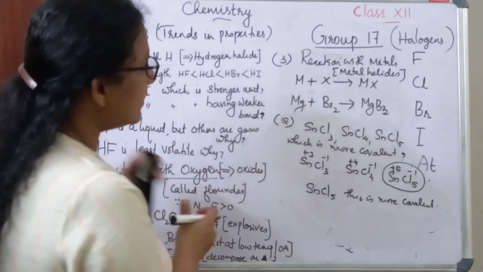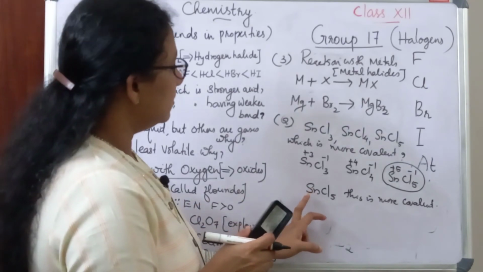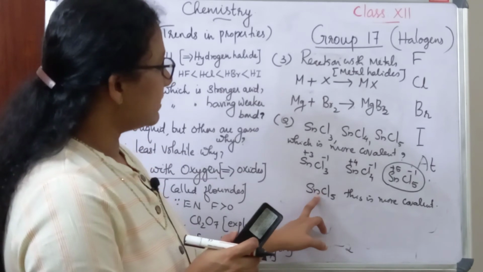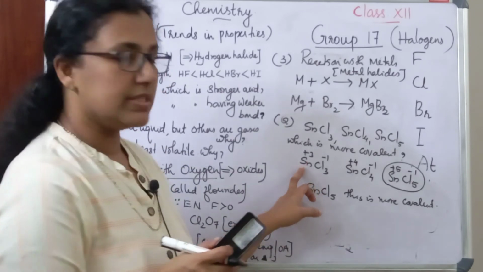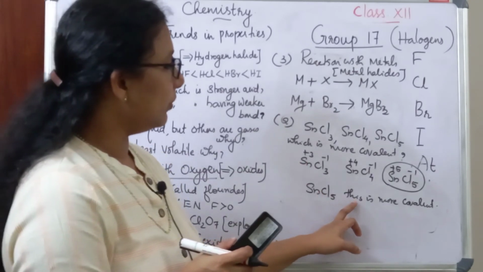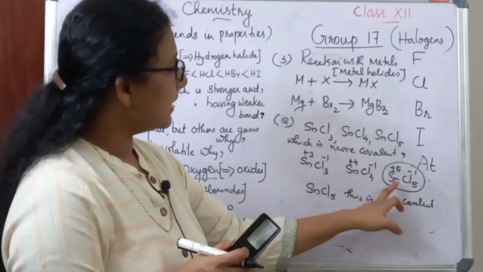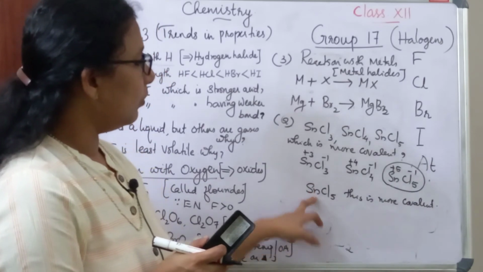According to Fajans' rule, we can explain the reason: the metal having more oxidation state shows more covalent character. So among these halides, SnCl5 is more covalent.